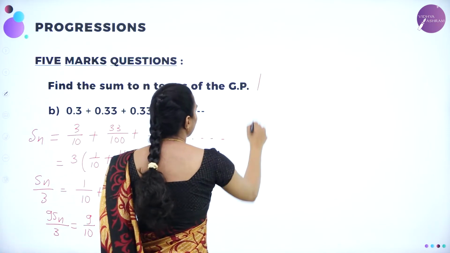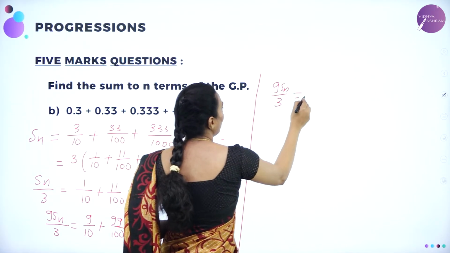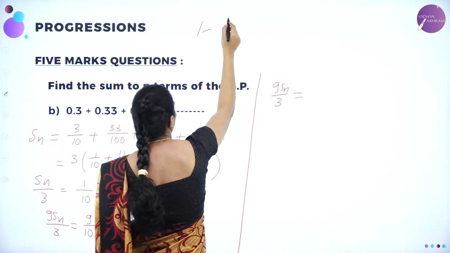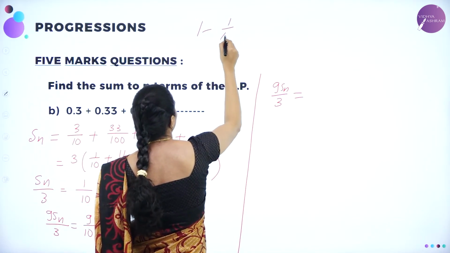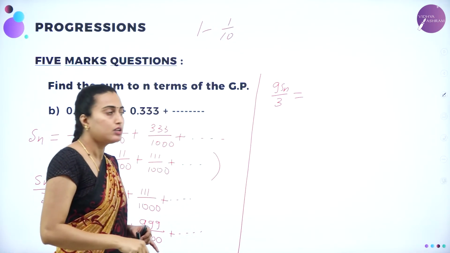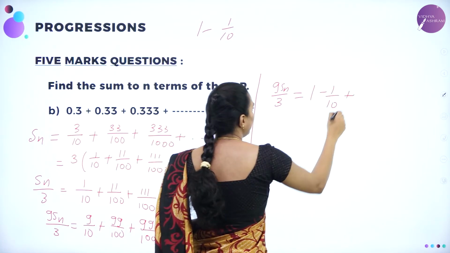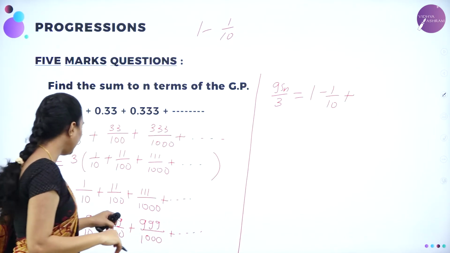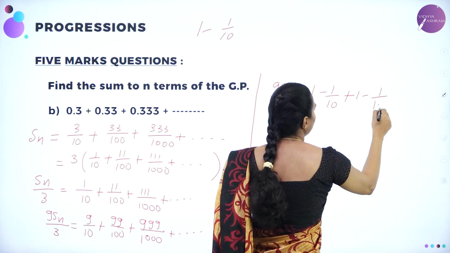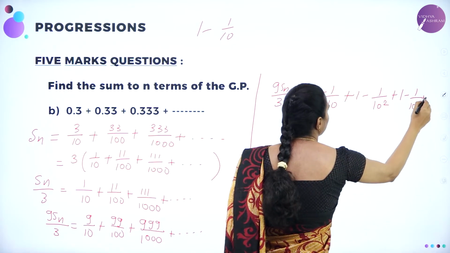If I write it as 1 minus 1 by 10, 10 minus 1 is 9, so 9 by 10. Therefore, I can write this as 1 minus 1 by 10 plus, next one, 99, so 1 minus 1 by 100, which is 1 by 10 squared, correct? Plus 1 minus 1 by 10 to the power of 3 plus etc.